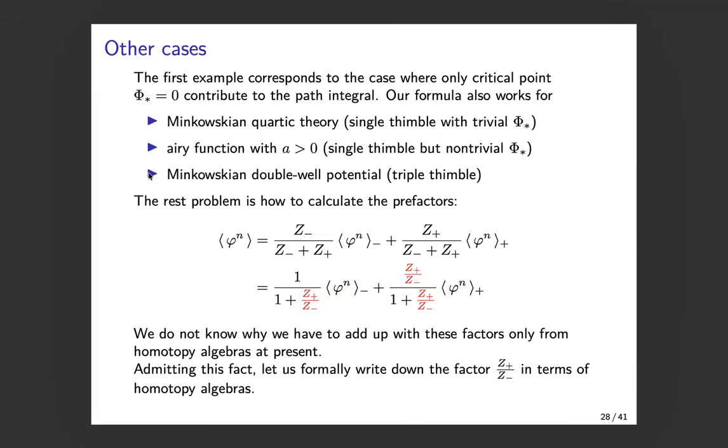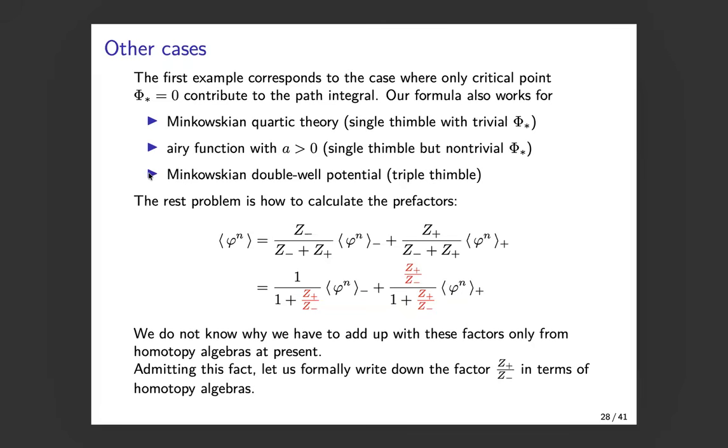For concerning the consistency, let us go back to the previous case. The first example corresponds to the case where only the critical point phi star equals 0 contributes to the path integral. And our formula also works for the Minkowskian quartic theory. This corresponds to a single thimble with trivial phi star in the Minkowskian signature, and the Airy function with A positive.